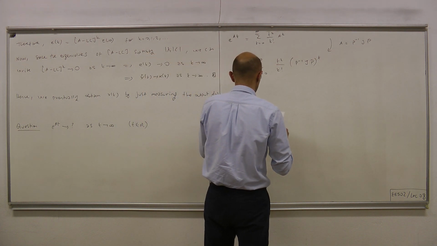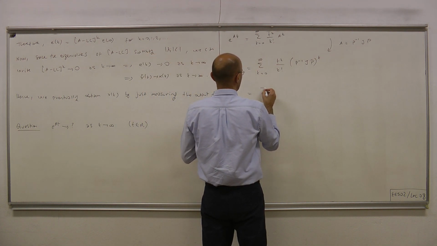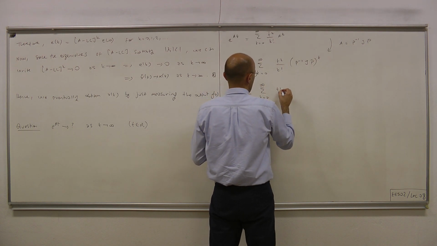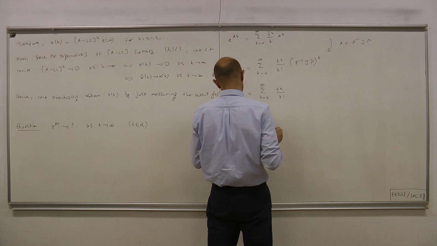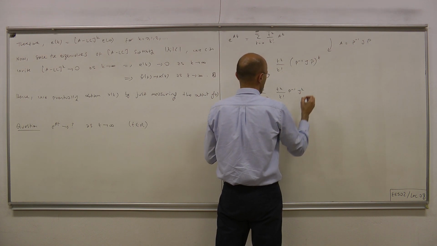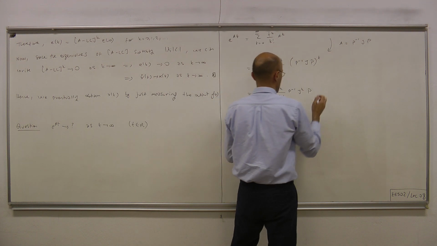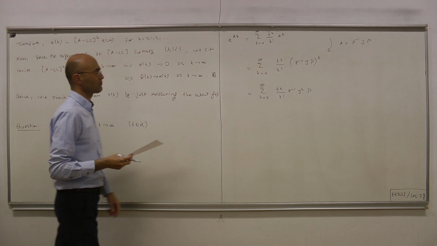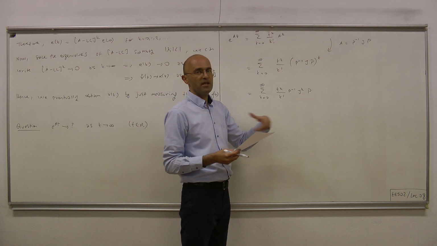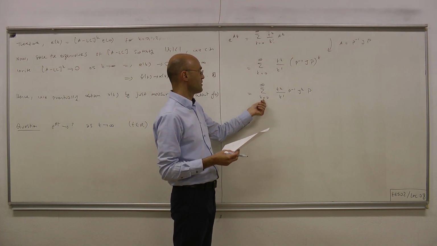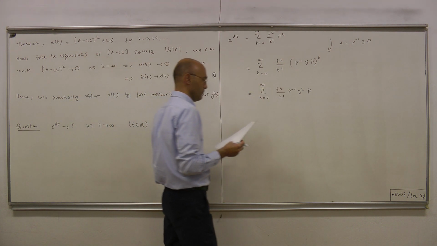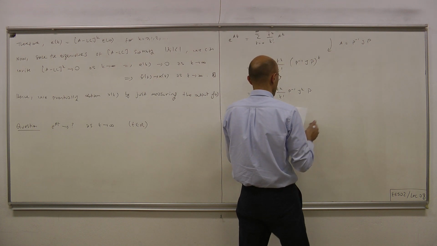So let's write that: the sum over k equals 0 to infinity of t to the k over k factorial, P inverse, J raised to the power k, times P. This is just a scalar, and P inverse and P are independent of the summation index k. Therefore, we can take them outside the summation.